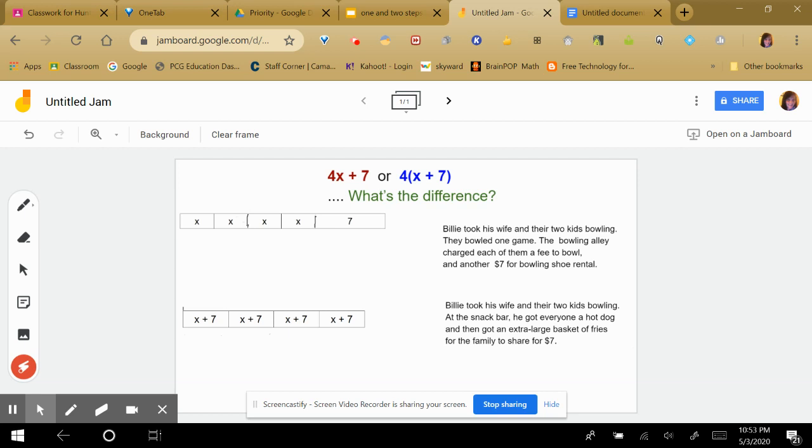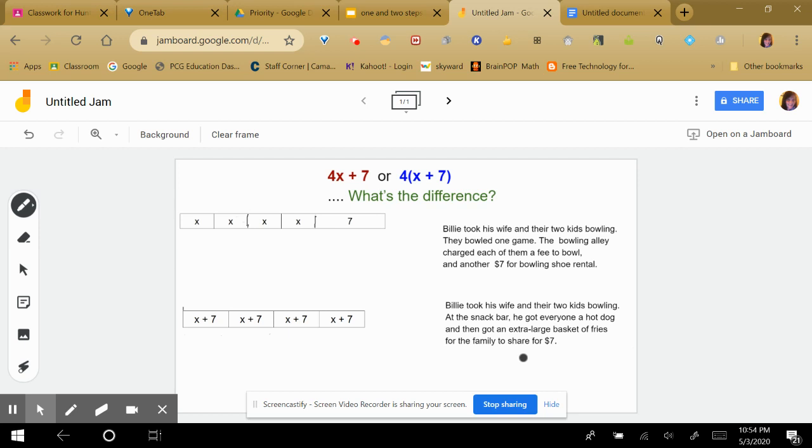Well, okay. Let's look at the first one. Each person spent money for a fee and a pair of shoes, right? And I think this one is going to tell us that story, okay?